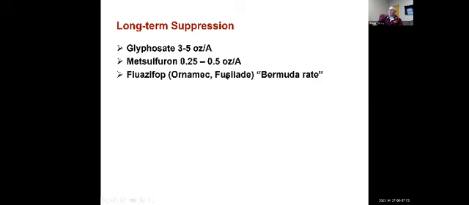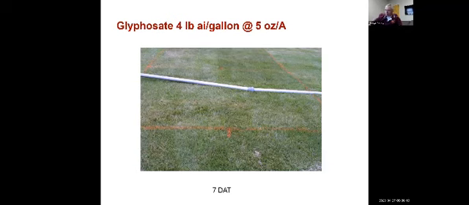And then looking at fluazifop, we would be looking there at a cost more along the lines of probably $80, $90 per acre, which is going to be similar to a high rate, maybe a little bit higher than a high rate Primo program. Let's look at what some of these things will do to the turf. All right, so this is glyphosate at 5 ounces to the acre of an isopropylamine salt that's a 4-pound active ingredient per gallon.